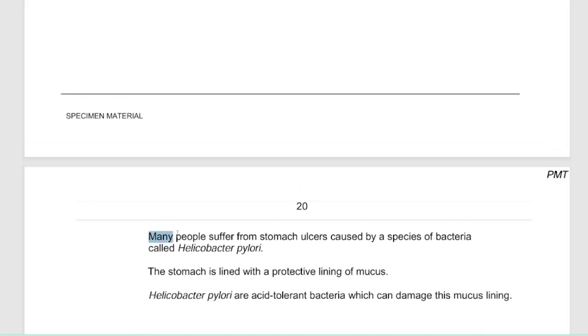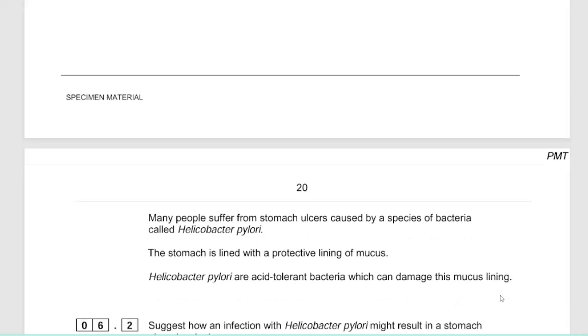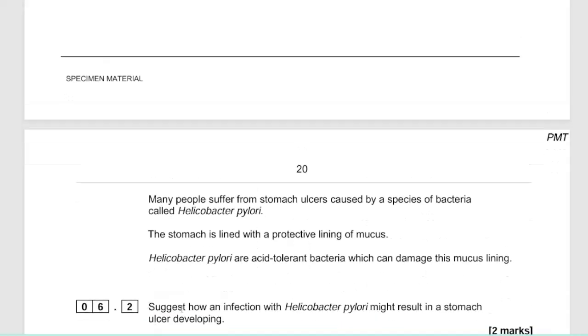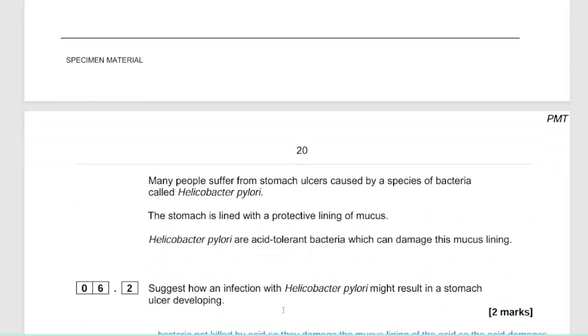Okay, bit more preamble. Many people suffer from stomach ulcers caused by a species of bacteria called... I'm not even going to bother to attempt that. The stomach is lined with a protective lining of mucus. This bacteria is acid tolerant, which can damage this mucus lining. Suggest how an infection with the bacteria might result in a stomach ulcer developing.